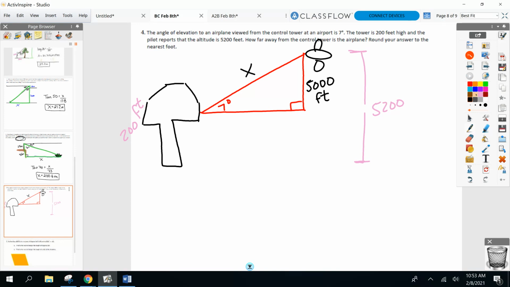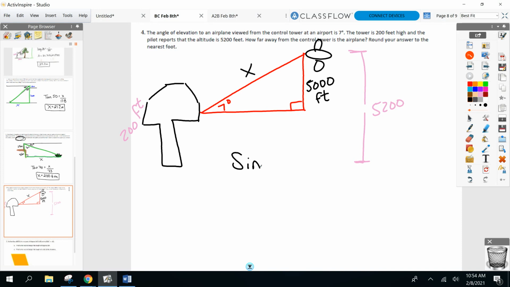All right. You guys figure out sine, cosine, tangent here. What's the 5,000? What's the distance from the tower to the plane represent? Is that hypotenuse, opposite, adjacent? Hopefully we're all in agreement that we should be using the sine ratio here, because you have opposite 5,000, hypotenuse x.